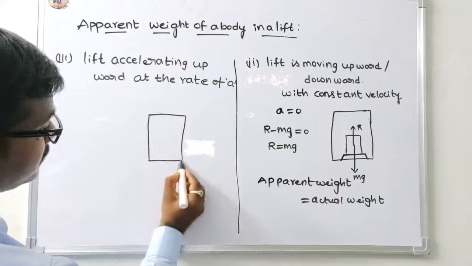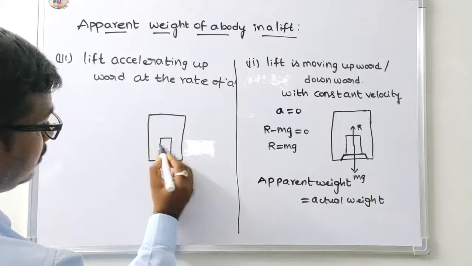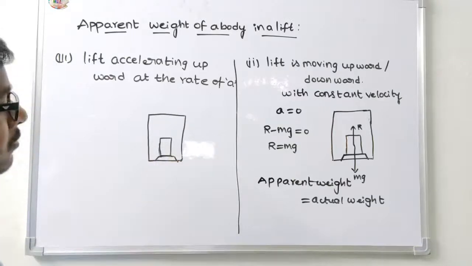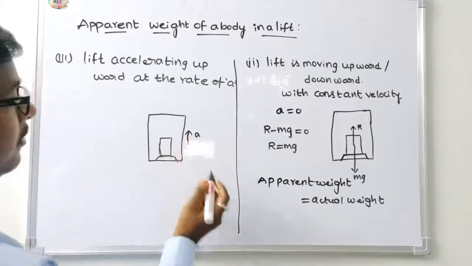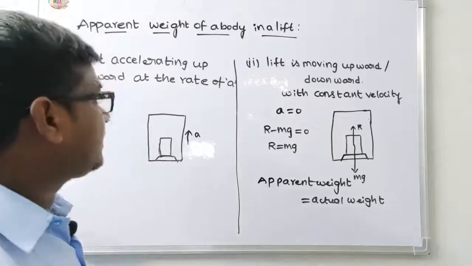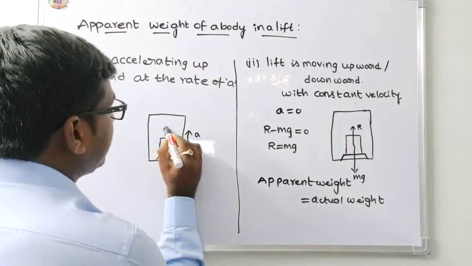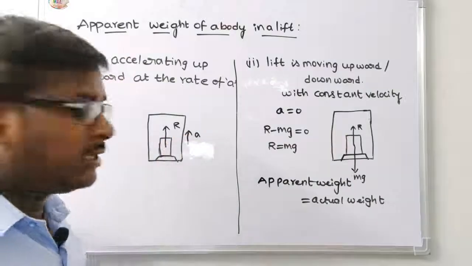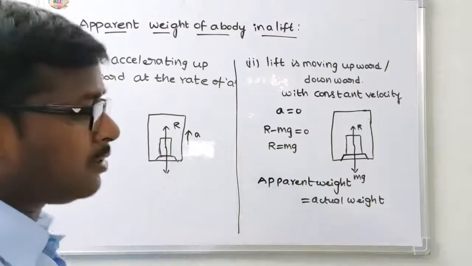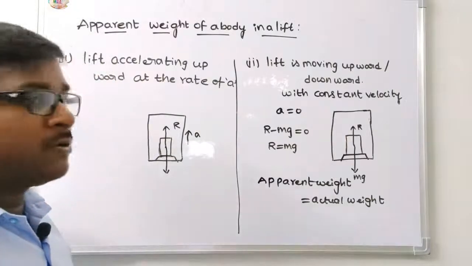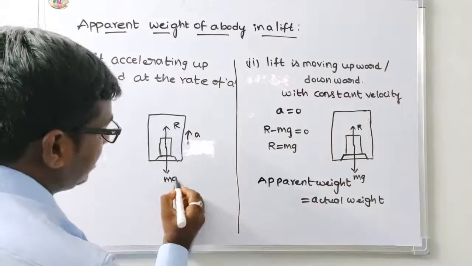This is the lift, with a weighing machine, and a block is placed on the weighing machine. The lift is moving upward with constant acceleration a. The reaction force acts upward, and the non-contact external force, the gravitational force mg, acts in the downward direction.